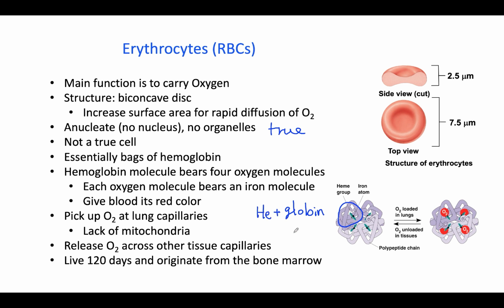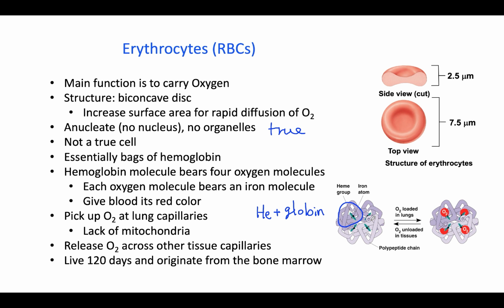So heme group with globin, we call them hemoglobin. Each heme group is a red pigment molecule containing one iron atom. One oxygen molecule becomes associated with each heme group. When most of the hemes are carrying oxygen, blood has a bright red appearance.